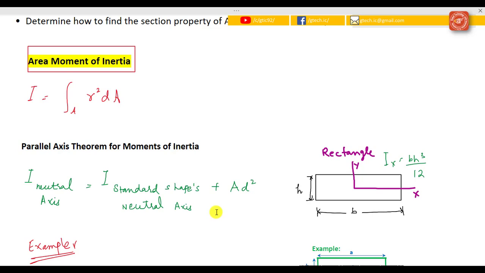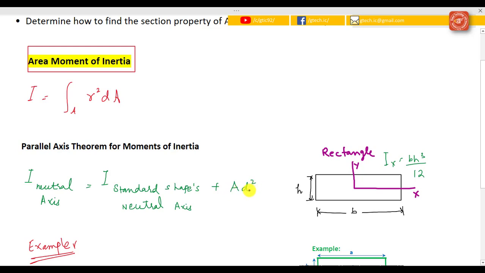The general definition of the parallel axis theorem is: the moment of inertia of an area with respect to any axis in its plane is equal to the moment of inertia with respect to a parallel centroidal axis plus the product of the area and the square of the distance between the two axes. Here you can see the moment of inertia about its neutral axis is equal to the moment of inertia of the standard shape's neutral axis plus area times d squared.